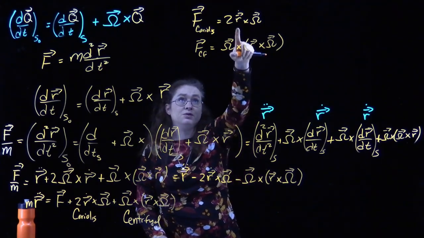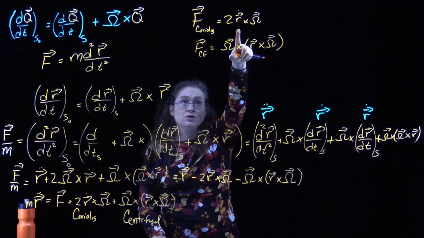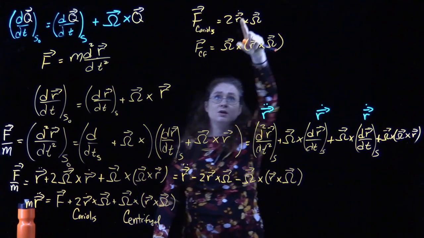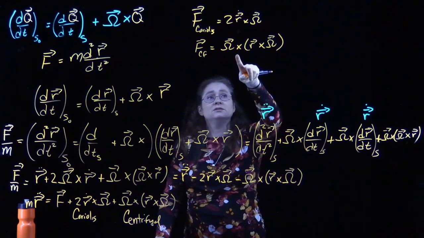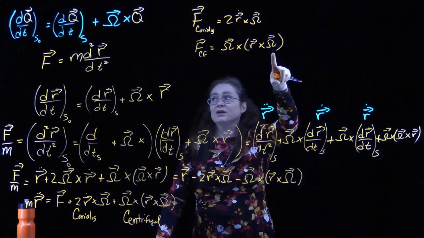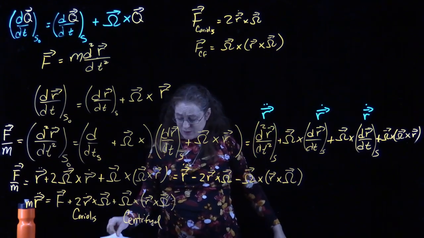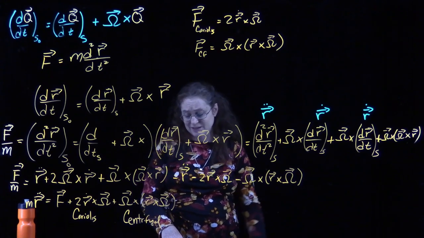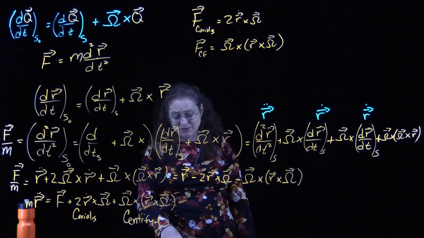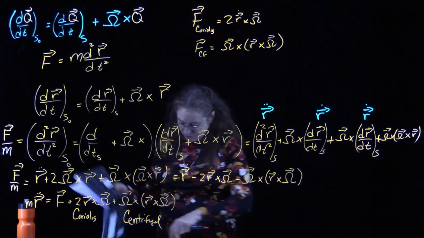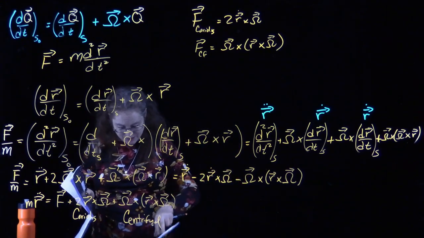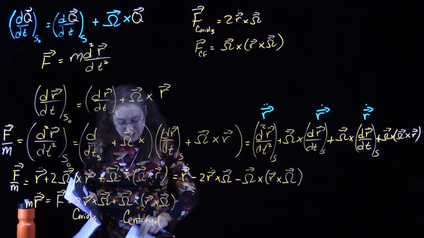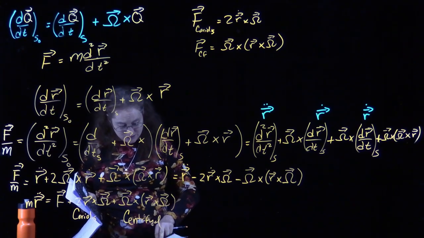So this one only depends on velocity. So if you have something at rest, you don't have any apparent Coriolis force. This one depends on omega squared, and we had a very small omega. Omega for the Earth is 7.3 times 10 to the negative 5.